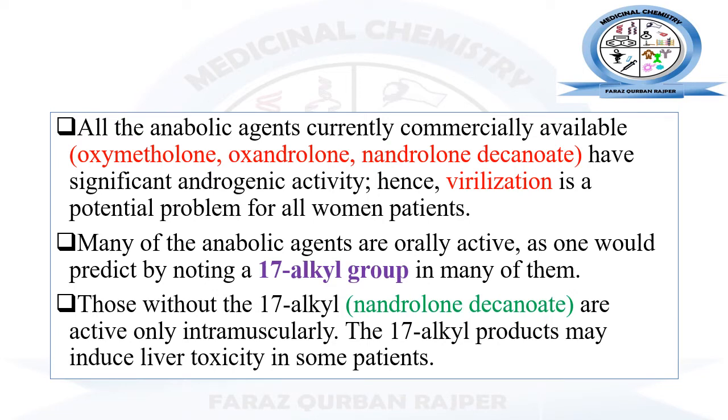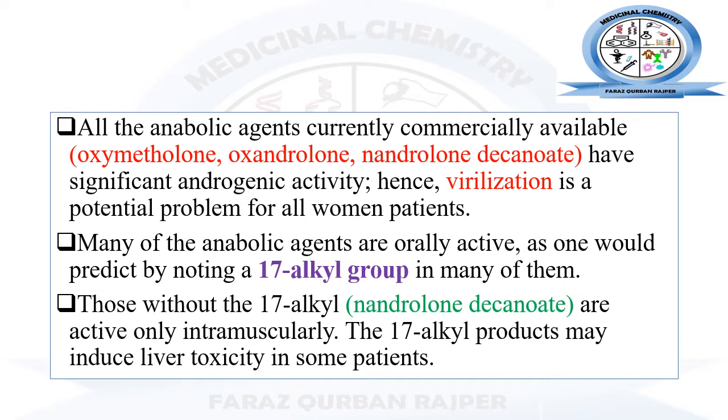Synthetic derivatives of such anabolic steroids are made, like one made by 17-alkyl group substitution. Some are orally active formulations, and the orally active ones are those which have the 17-alkyl substitution.